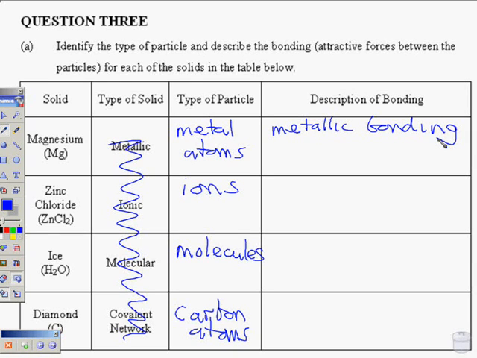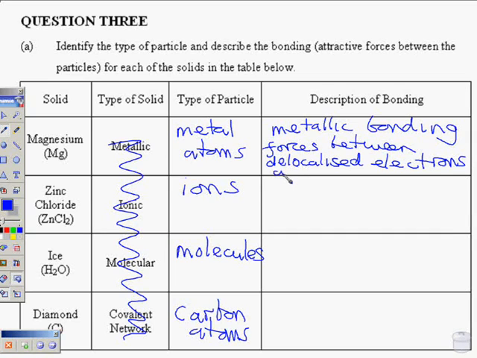The essential thing about metallic bonding is that it's the forces between delocalized electrons and the metal nuclei.